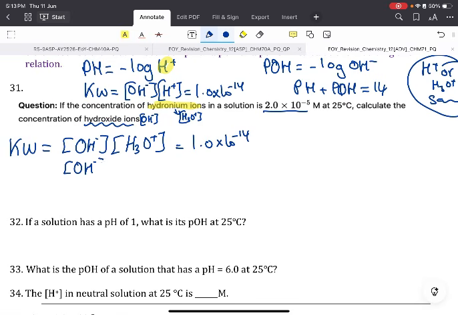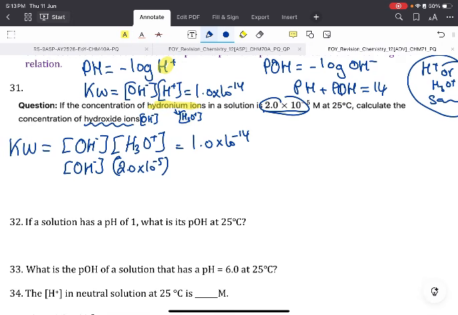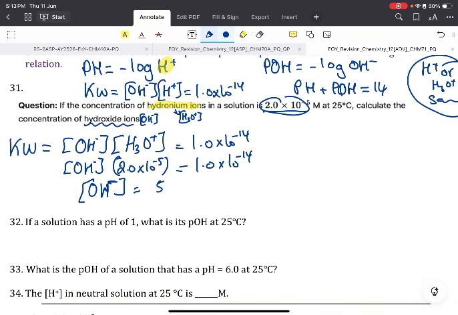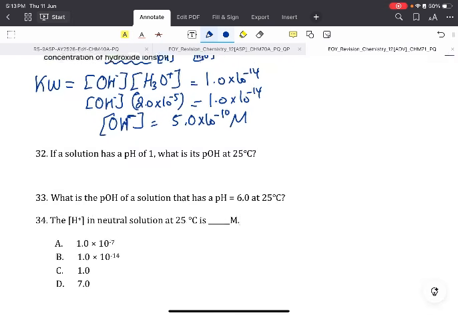Now let's keep this as OH minus and let's substitute this with the value over here, 1.0 times 10 to the power negative 14. Plugging this into your calculator, you're going to get OH minus equal to 5.0 times 10 to the power negative 10. Now never forget the unit. Here's the unit, molar.